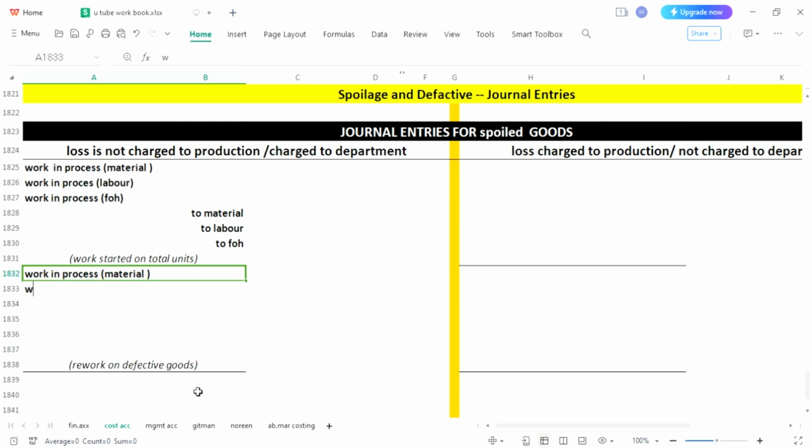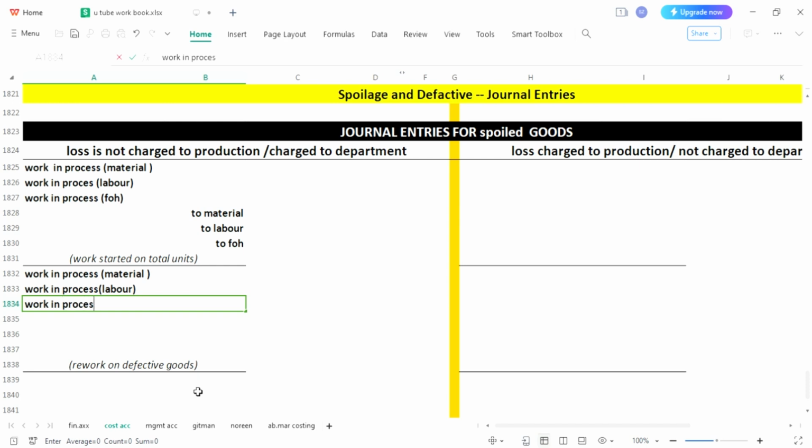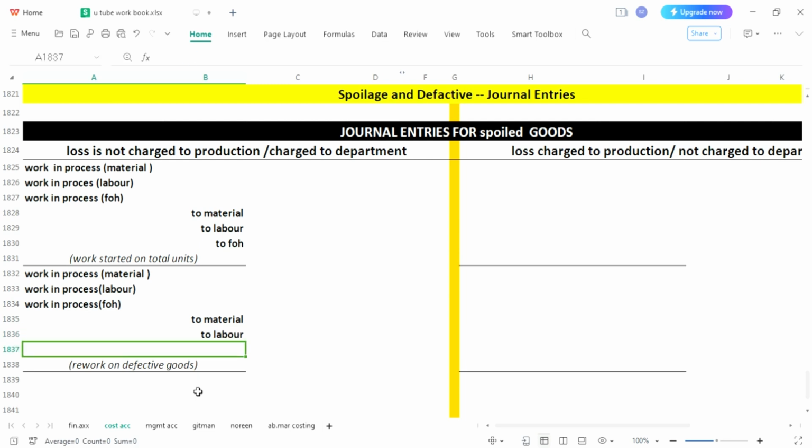Then in a similar way, work in process for labor, we will use additional labor. And finally, work in process for FH. You will put material, labor, and FH. Rework would be done in the same manner.